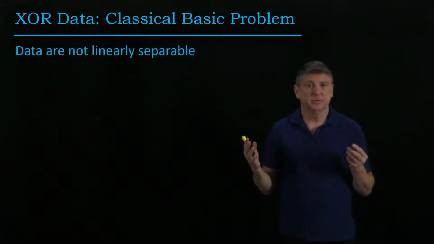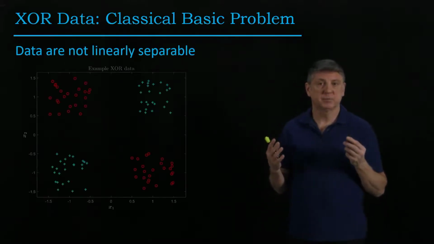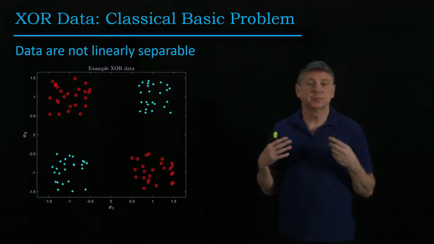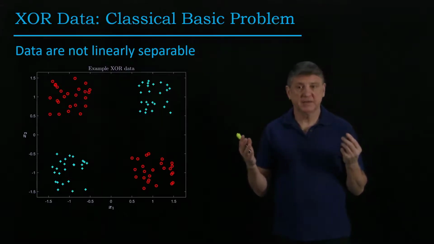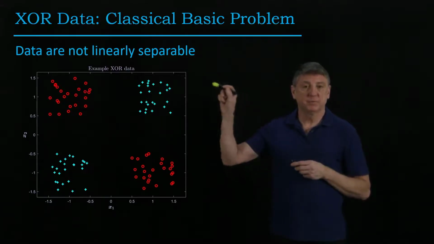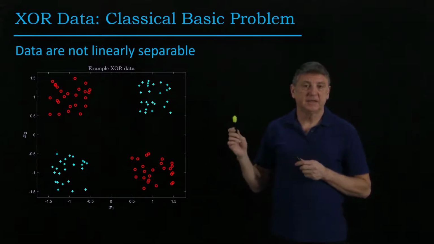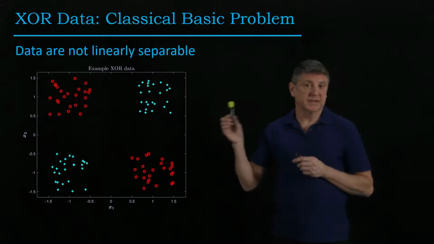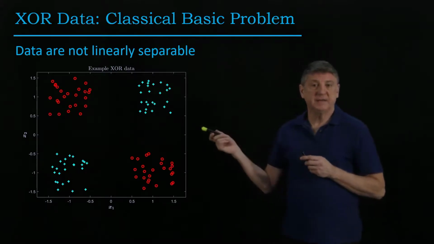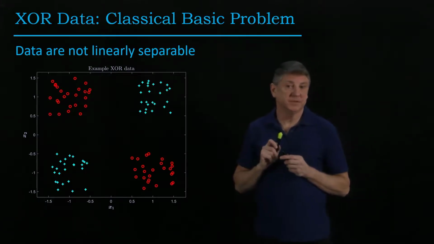The classic data that we have are non-linearly separable, and we can think of these as forming in a truth table an exclusive OR. For example, if the rows were the labels of the data and the columns were the classification, if we had this sort of pattern, we wouldn't be able to distinguish it.